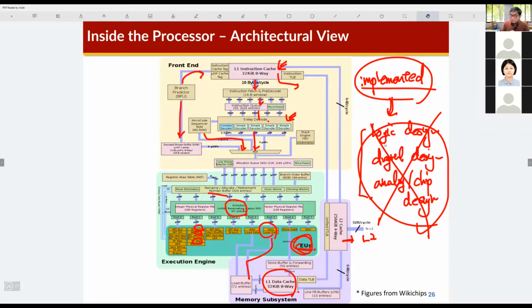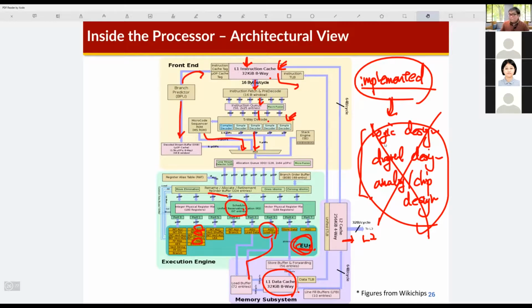If you see this block, we can understand how this block works in the computer processor, because we will learn about these blocks.